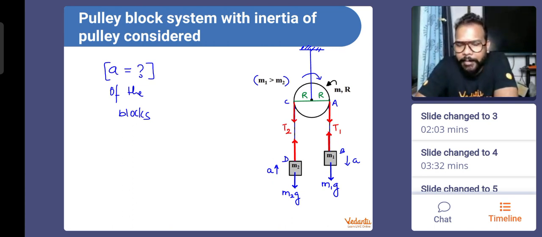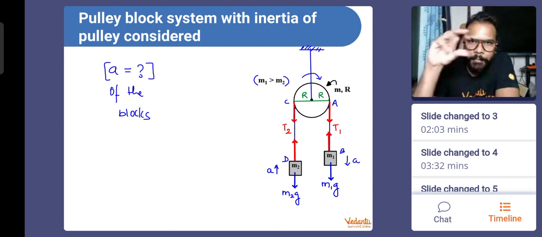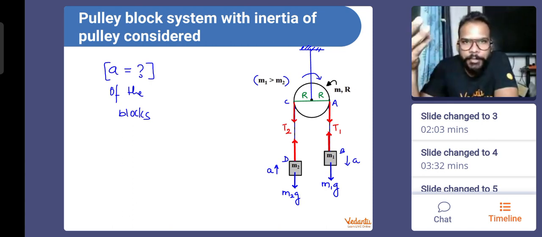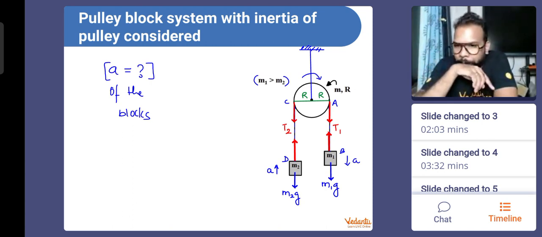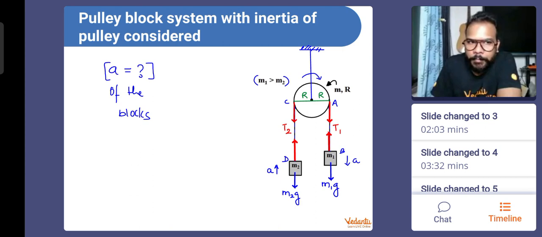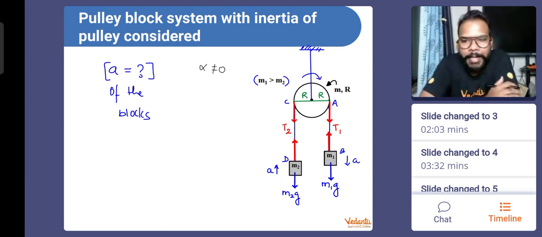Do you understand that when the blocks move, they will accelerate, their speeds will change? If the blocks' speed changes, then definitely the pulley's speed will also increase or decrease, meaning the pulley will also accelerate. So that simply means the pulley has to have a non-zero angular acceleration. Angular acceleration of the pulley has to be non-zero. Do you agree with me?